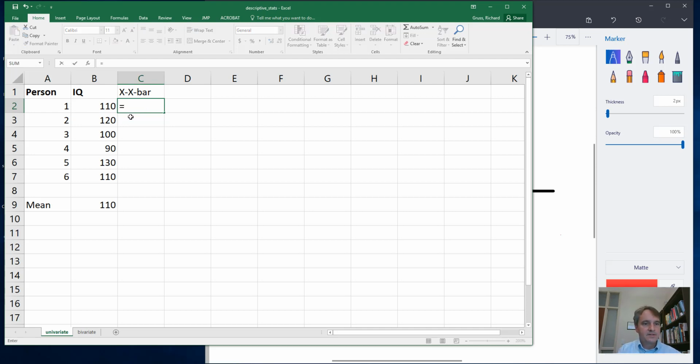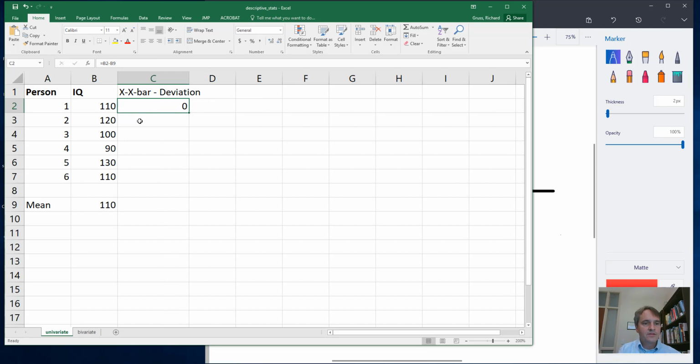So we can just set this equal to whatever is in here minus the average down here. Okay, so we see that that's a 0 because this thing doesn't deviate from the average at all. In fact, we can call this column the deviation. We want to know how far these values deviate from the average.